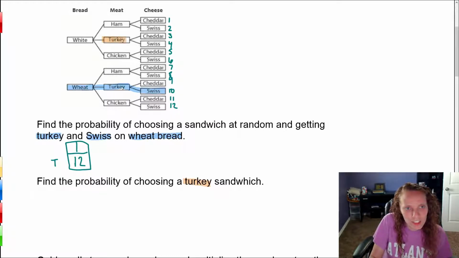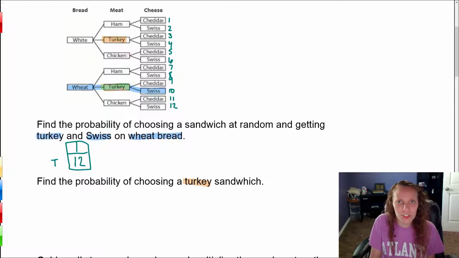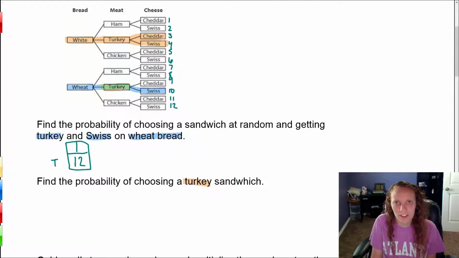I see turkey showing up here, and then I see turkey showing up right here. So it shows up in two different places. We could choose a white sandwich with turkey and cheddar. We could also choose white turkey with Swiss. So that's two different sandwiches there because there's two different cheese options.